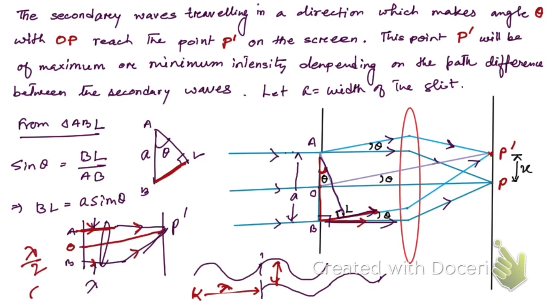Then these two will be out of phase. In that case, here we're gonna get dark. So you can consider that suppose from here 50 waves are originating, from here 50 are originating. Okay, so in that case, here you see, let me take a new slide to explain.